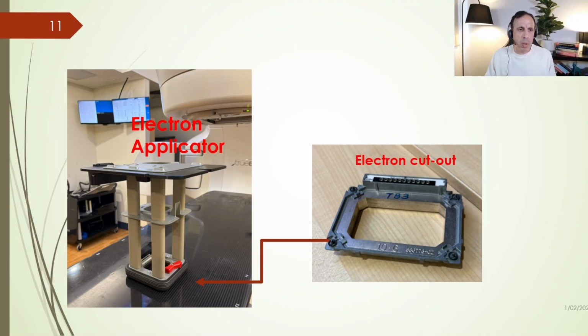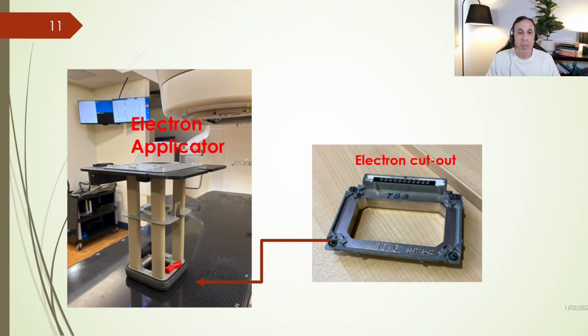The last part that we should know about electron beam collimation is the electron cutout. In real treatment, we have several field sizes, and every patient has their own field size. So how can we make it in reality, because we have around 4 or 5 field sizes that can be produced by the electron applicator?